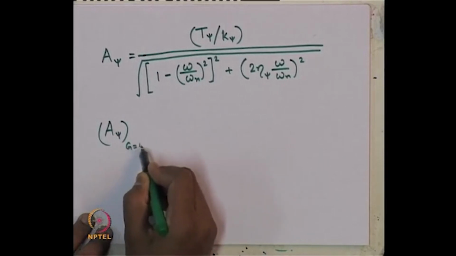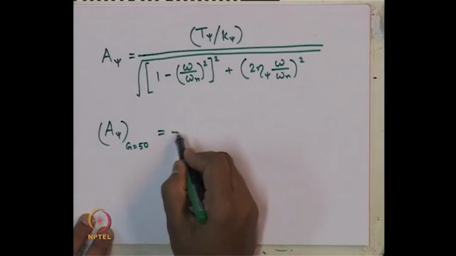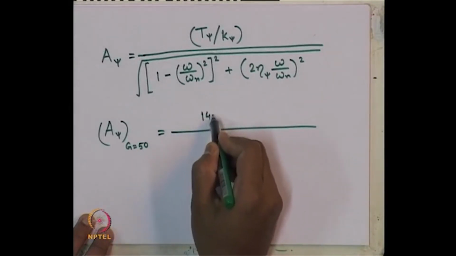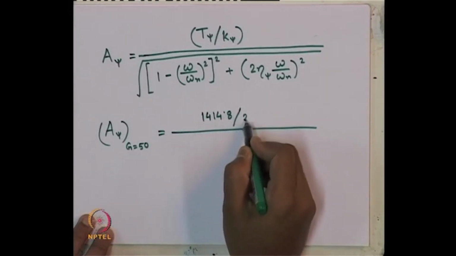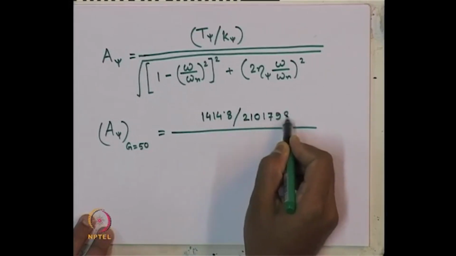first type of soil with G equals 50 kg force per centimeter square: 1414.8 by 21017,988.